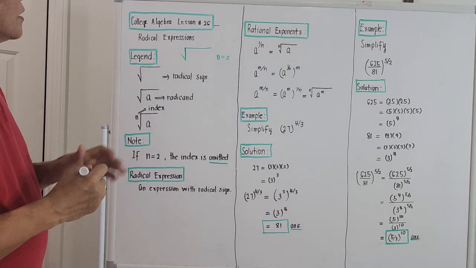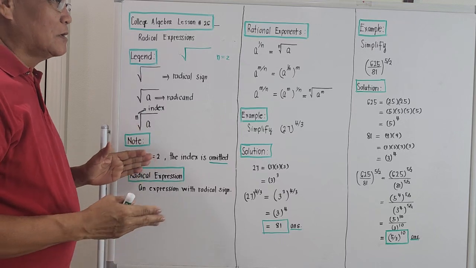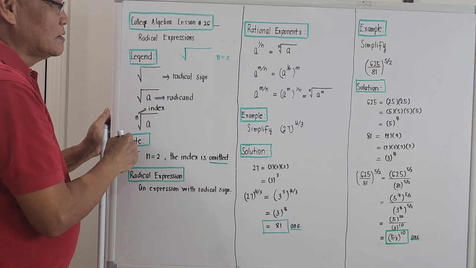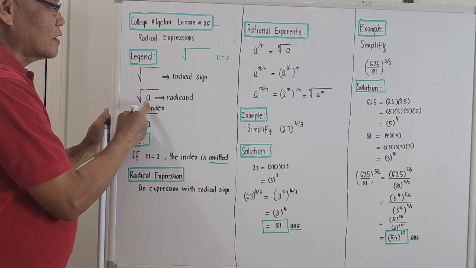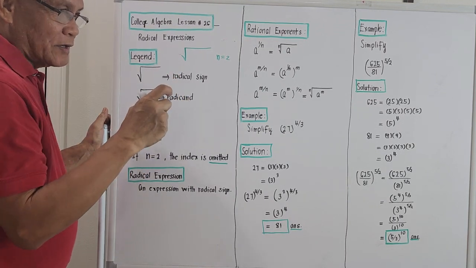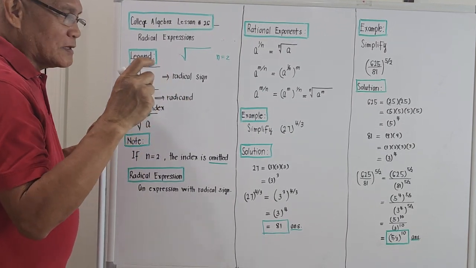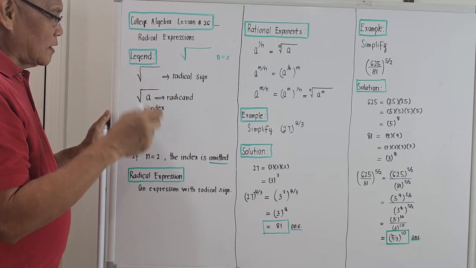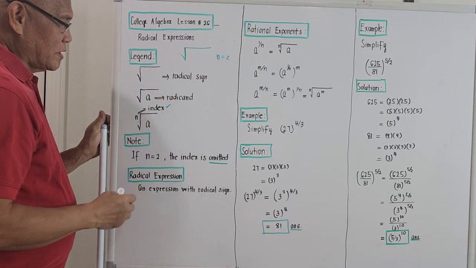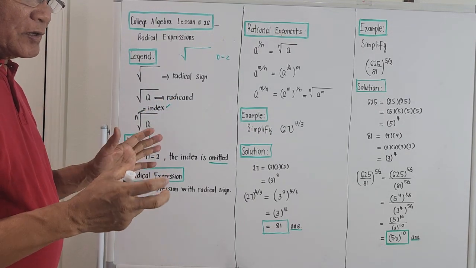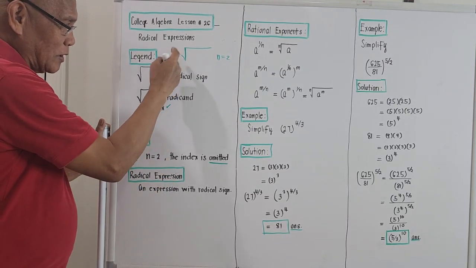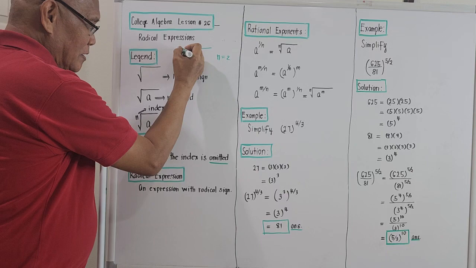So under the study of radical expressions, at least we now know what a radical sign is. This is the radical sign. The number inside the radical sign is the so-called radicand, and the exponent of the radical is the so-called index. And regarding the note, if n is equal to 2, we do not place 2 over here.